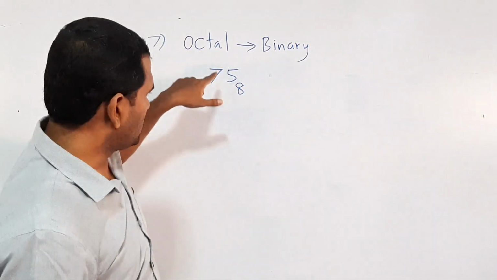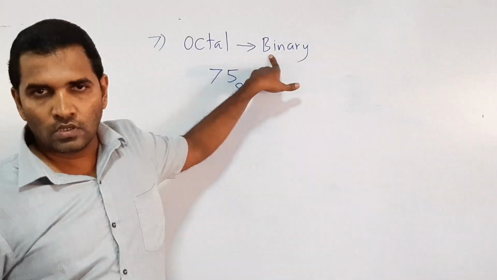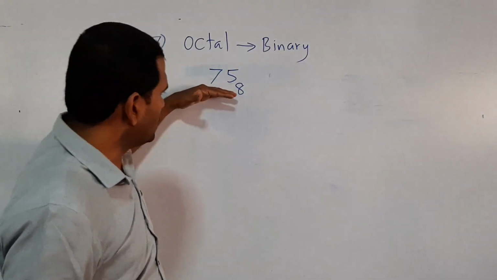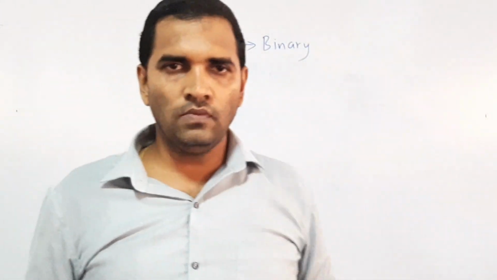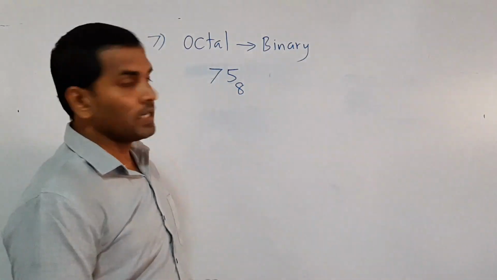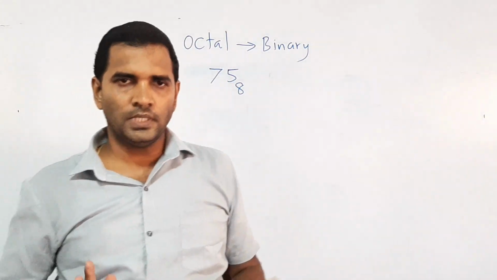I repeat, it's an octal number that has to be converted into binary. Yes, you can convert this octal into decimal first. After that, that decimal can be converted into binary. That is possible, of course, that is correct.